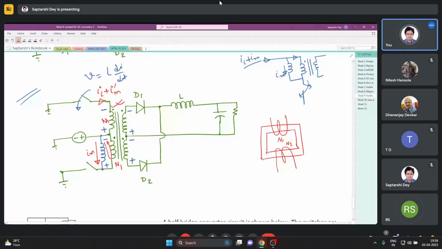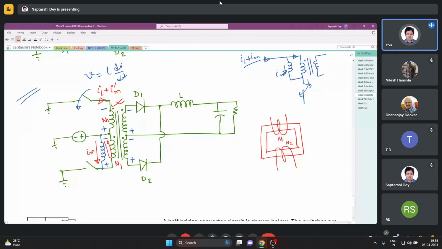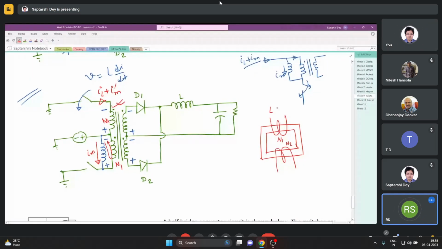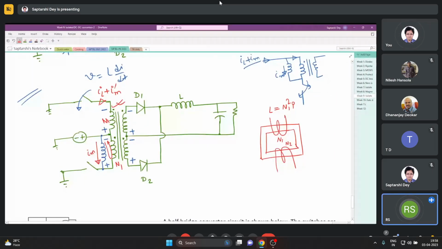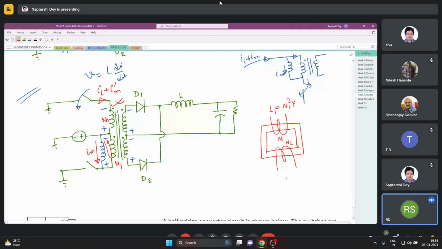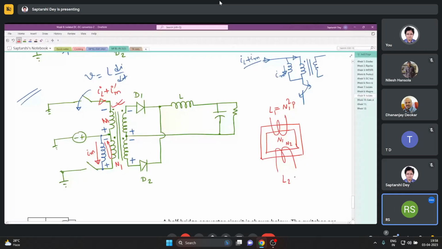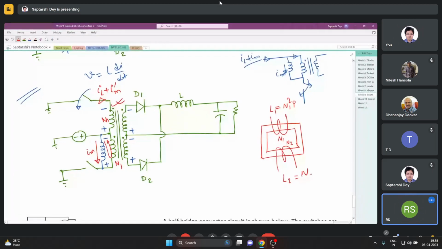The permeance or reluctance seen by both the windings is the same, right? So L1 of this winding is n1 squared times permeance, and L2 of this winding is n2 squared times the same permeance P.